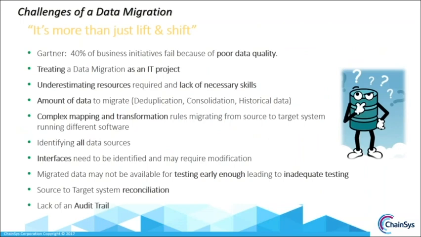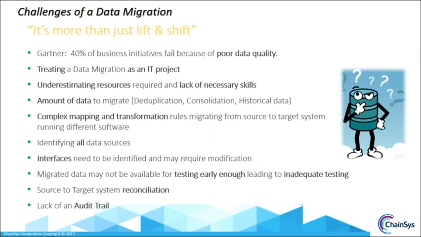Now, there are a number of challenges that you'll encounter in a data migration. Gartner says that 40% of business initiatives fail because of poor data quality. Data quality is something you absolutely have to address. It's something that's very critical in a data migration.